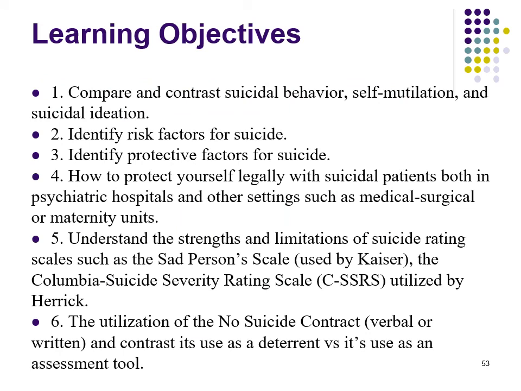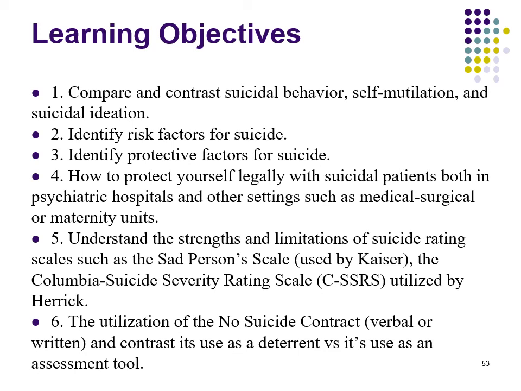All right, so let's just take a brief look at the learning objectives now that we've gone through the lecture. So suicidal behavior is actual suicide attempt, doing things. I would consider something like tying a noose, loading a gun, and hoarding pills as well, where you're preparing for a serious suicide attempt, actually taking steps toward it.